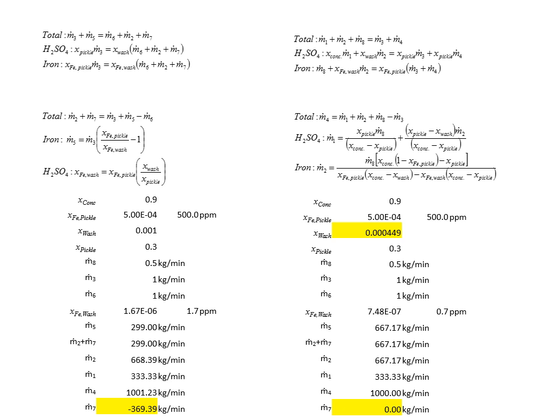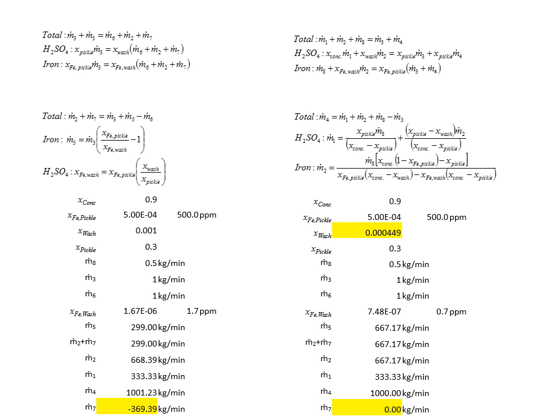And so I had to lower that mass fraction from a value of 0.001 to a value of 0.000449. Doing so, we find that our flow rate of stream 5 is now 667.17 kilograms per minute. So that's our fresh water requirement.